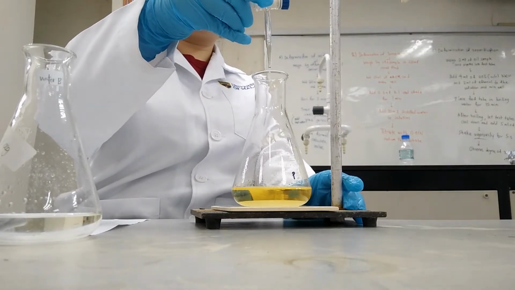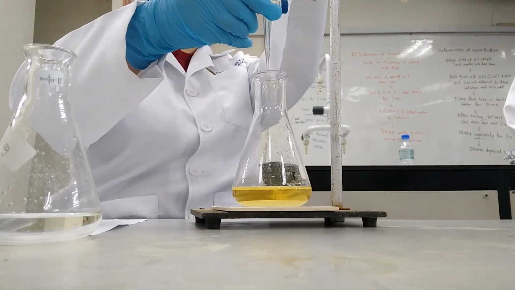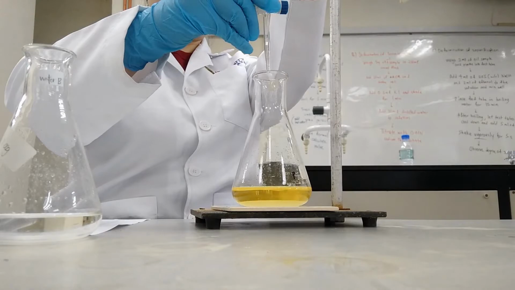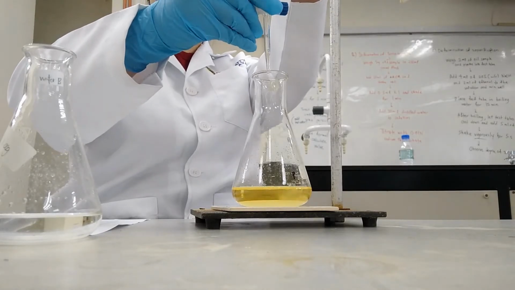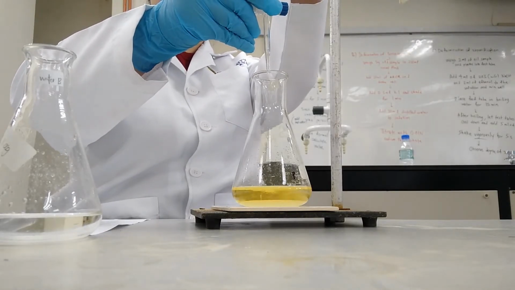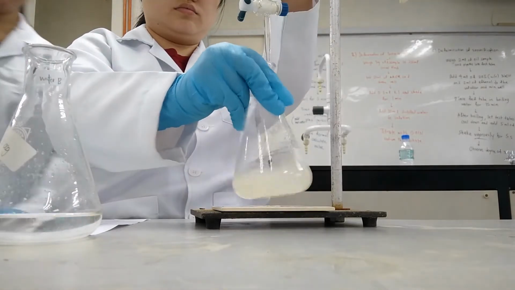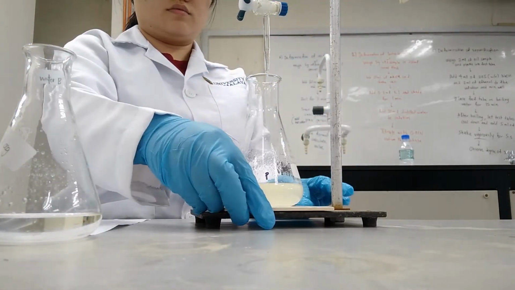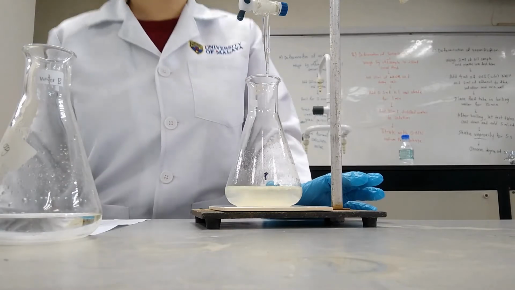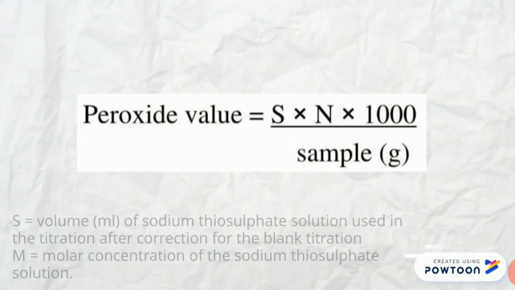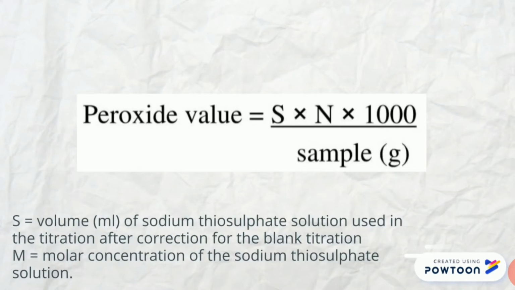The iodine was then titrated with 0.01 normality sodium thiosulfate solution until a formation of a lipid layer. Peroxide value can be calculated using the following formula.